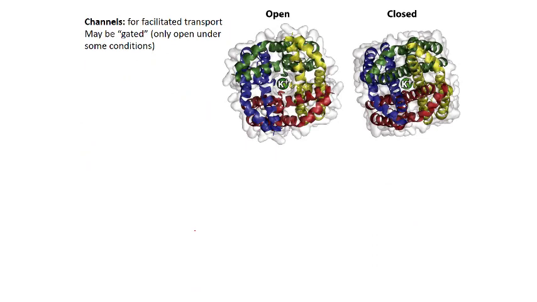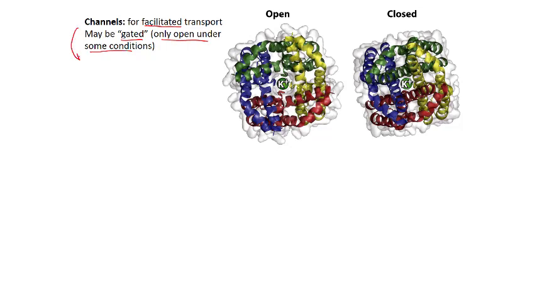So what's the difference between a channel and a transporter? This is a kind of shifting sand situation. The definitions seem to be changing on this one. And unfortunately, like most things, they're getting more complicated. So the current definition of a channel is that they are for facilitated transport, and they may or may not be gated, which is a fancy way of saying open under some conditions and closed under other conditions.